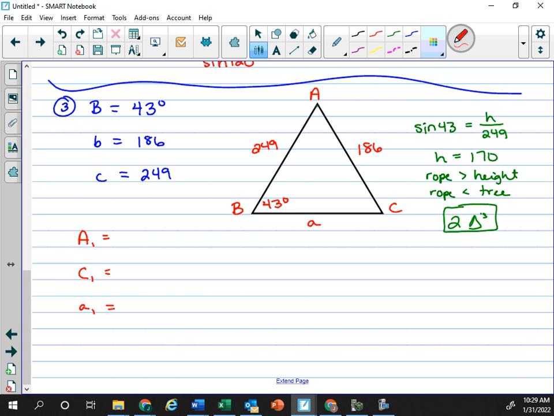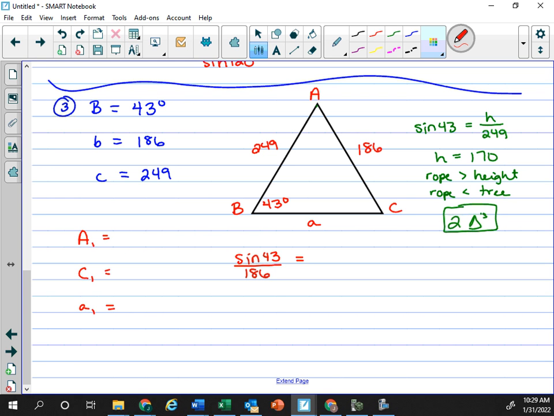All right, so now you're just using your law of sines. So we're going to do sine of 43 over 186 equals what? What should I set that equal to? Should I do sine of A over A? No, that's two variables.